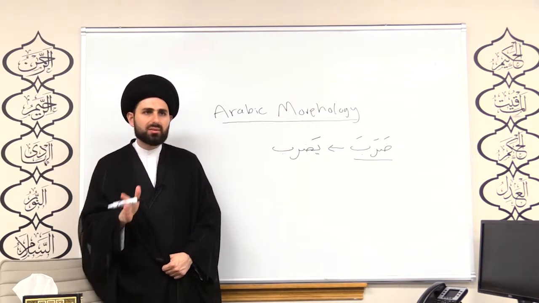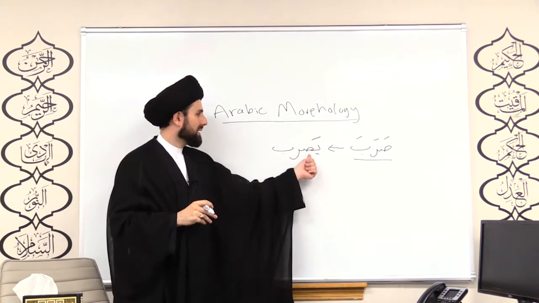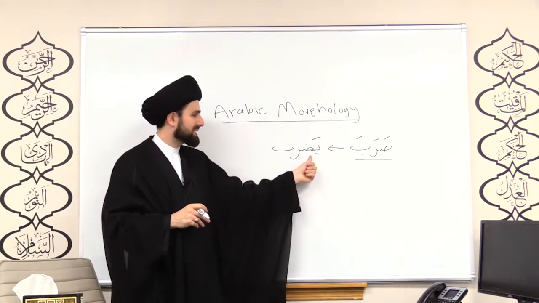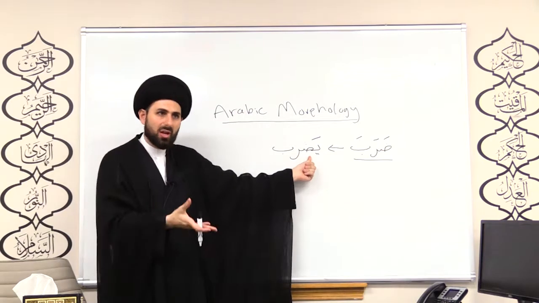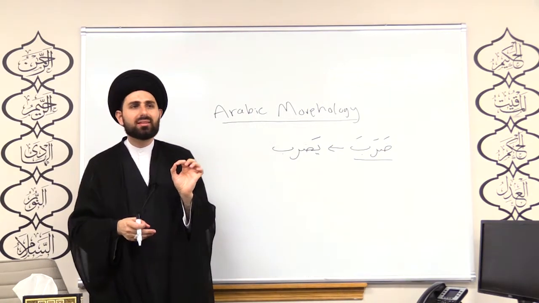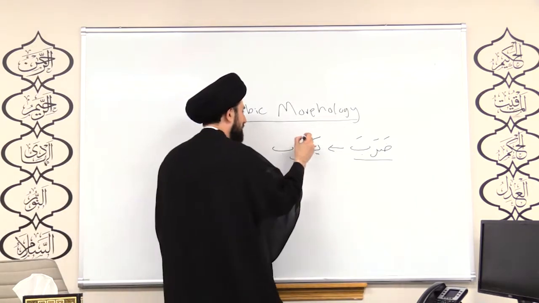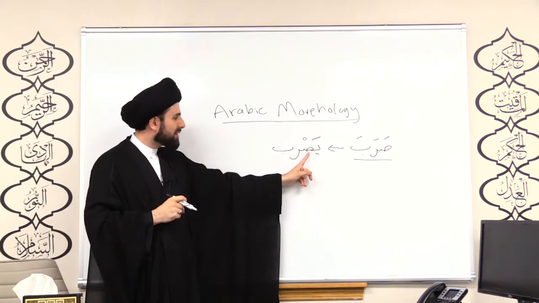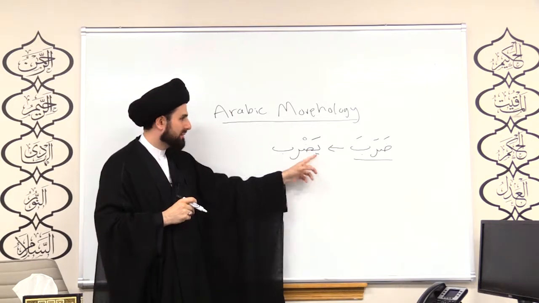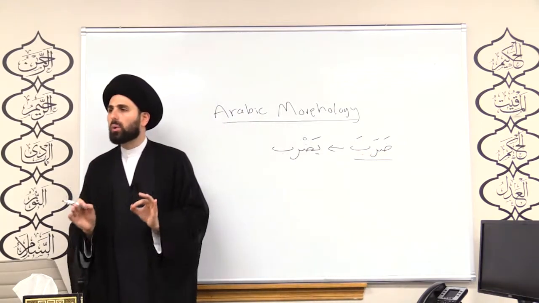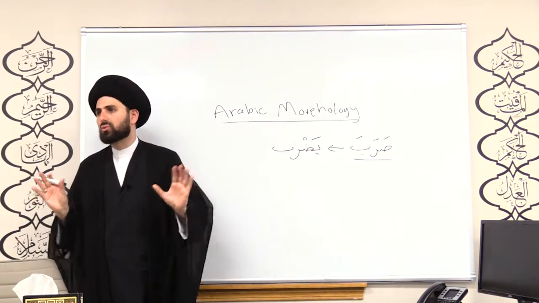The first letter, which is the dad, which is now our second letter, because it's coming after the ya, always has a what? Sukoon. Whenever you make a present tense verb, the letter that comes after that ya, the second letter, which is the first letter in your fi'l al-madi, always has a sukoon.